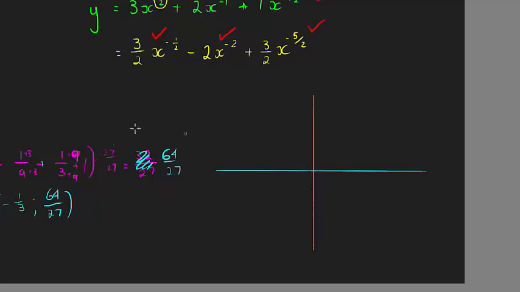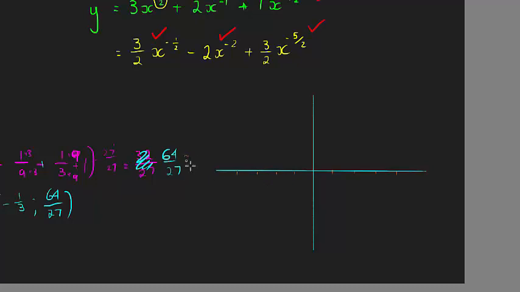and then I'm just going to put in my important points. So I know I've got a turning point on here. Let's say that's 1, 2, 3, 4, 1, 2, 3, 4.